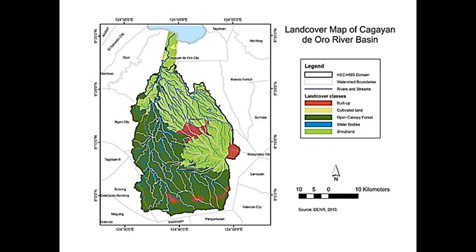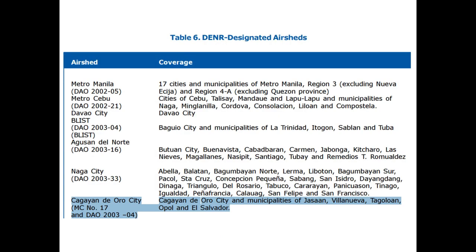So this is the watershed of Cagayan de Oro. So there is a map of the Cagayan de Oro River. But according to DENR, the airshed, we belong in the same airshed: Cagayan de Oro, municipalities of Jasaan, Villanueva, Tagoloan, Opol, and El Salvador.